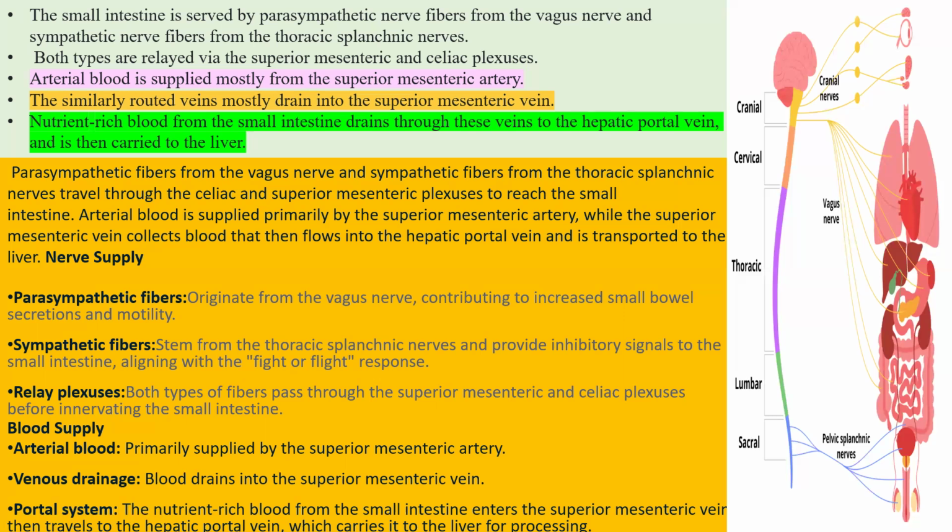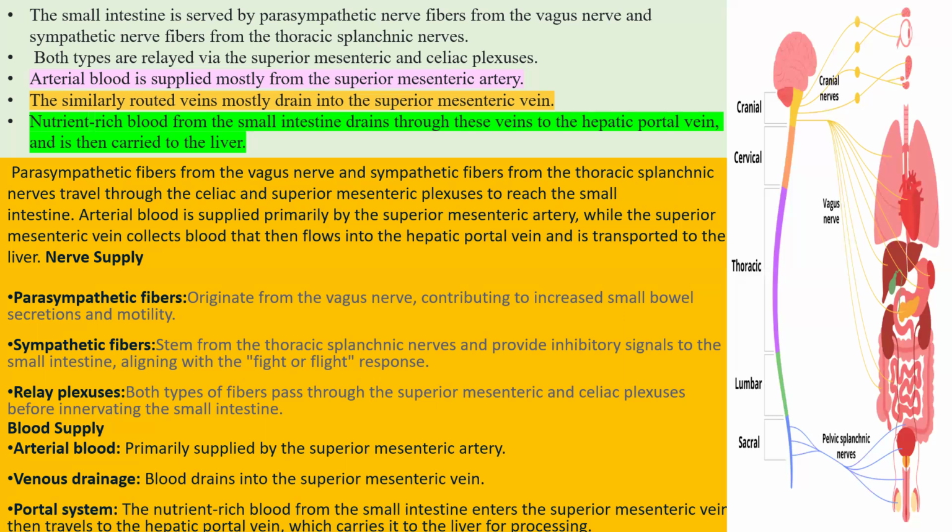Parasympathetic nerve fibers originate from the vagus nerves and help in increased small bowel secretion and motility. Sympathetic fibers stem from the thoracic nerves and provide inhibitory signals to the small intestines and help in the fight or flight, stress response.